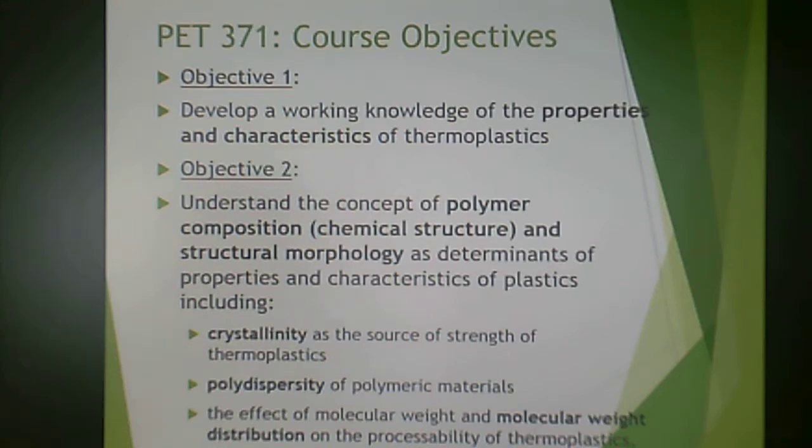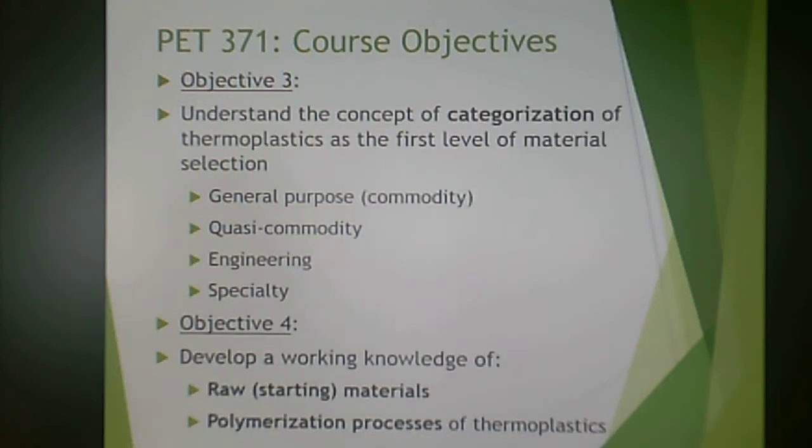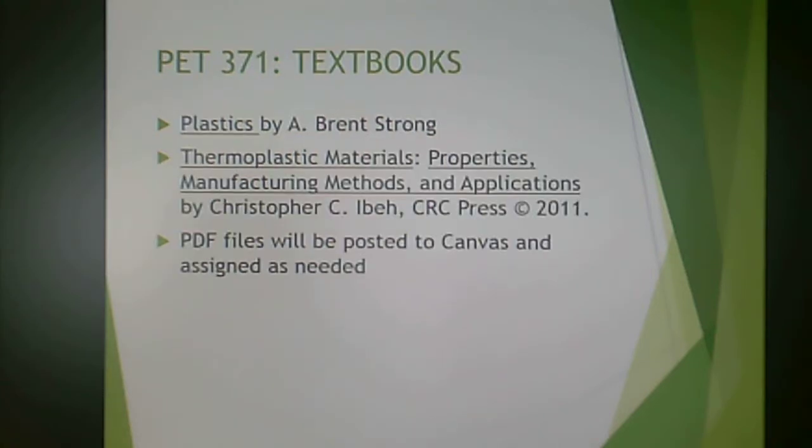These include crystallinity as a source of strength of thermoplastics, polydispersity of polymeric materials, the effect of molecular weight and molecular weight distribution on processability of thermoplastics. We will also categorize thermoplastics as the first level of material selection into these categories: general purpose, quasi-commodity, engineering, and specialty. We will also develop a working knowledge of the raw starting materials and the polymerization processes of thermoplastics.